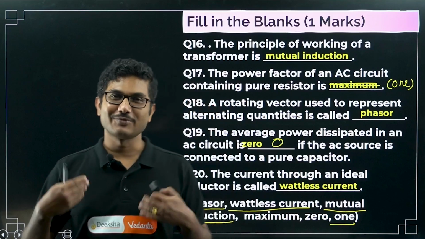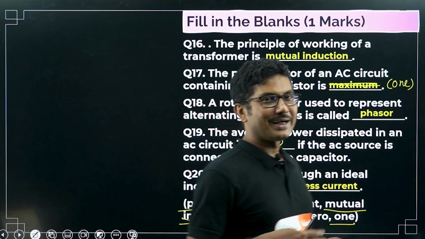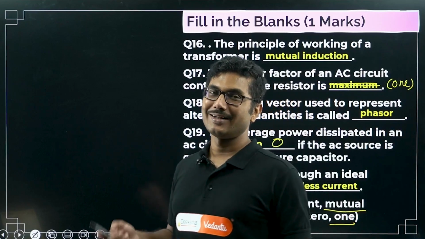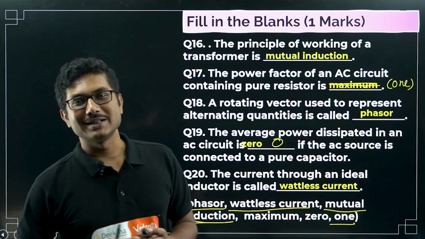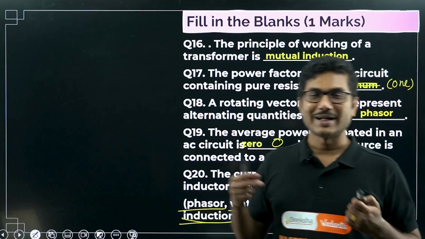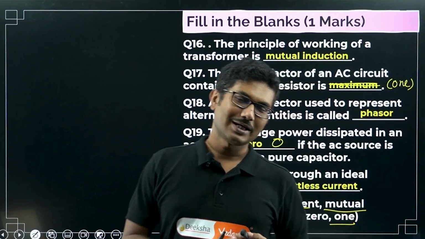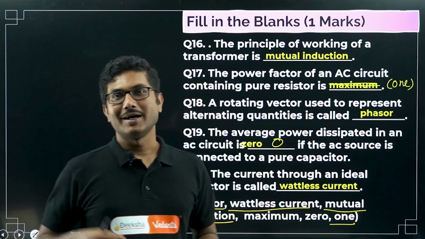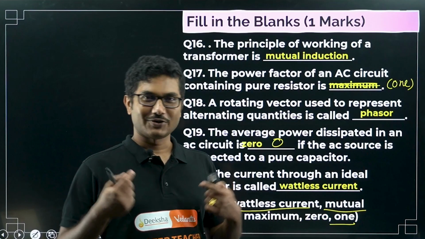Even if the current is flowing through you, you are doing everything, but that is not useful. That's why the term in English, wattless, means worthless. That means you are doing everything, but your work is not making any change. So that is called wattless.